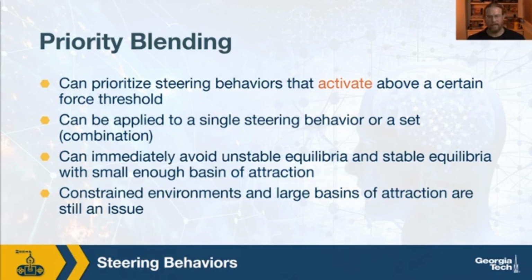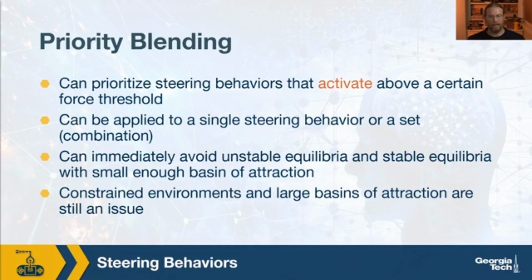And so you might have a rather elaborate sequence of evaluation of like set A, set B, set C, and so on, checking to see if those collectively activate, like the sum of the forces activates above a certain threshold. If it doesn't, you go on to the next one. So the priority is implied by the order of evaluation. So the first one you evaluate is the first one that can win, directing where the agent goes. But if it doesn't activate, then the next set has an opportunity, and so on.